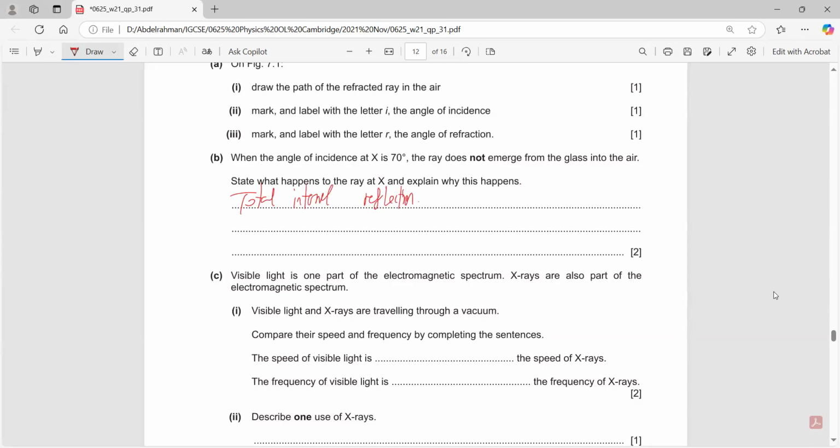In which the angle of incidence is now much greater than the critical angle. Okay, that's why total internal reflection occurs.